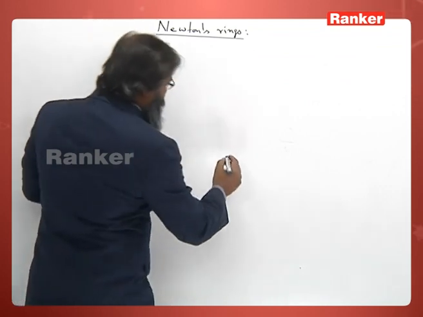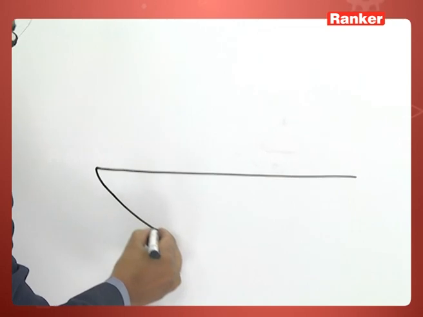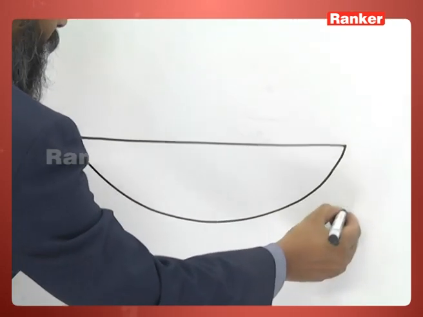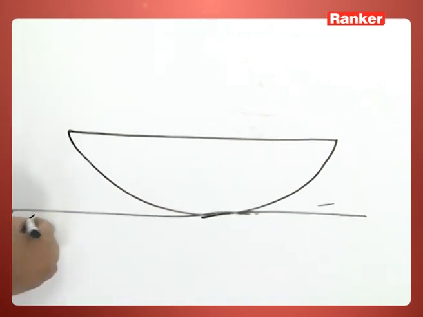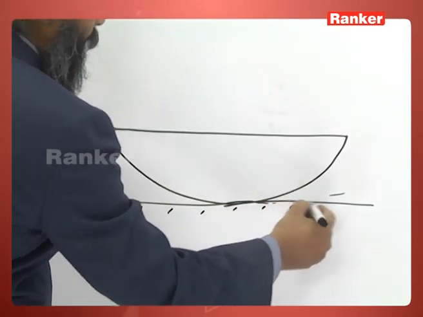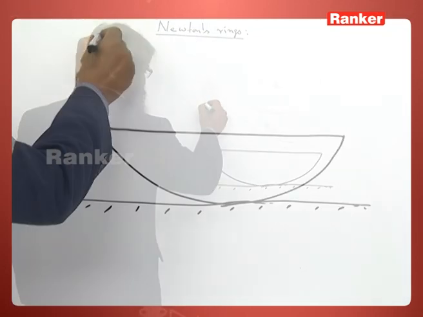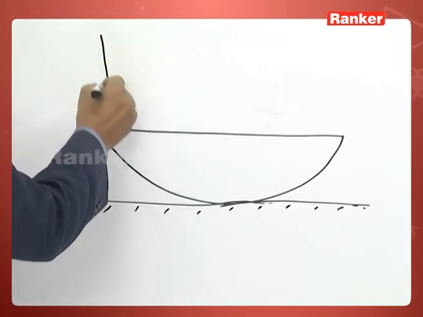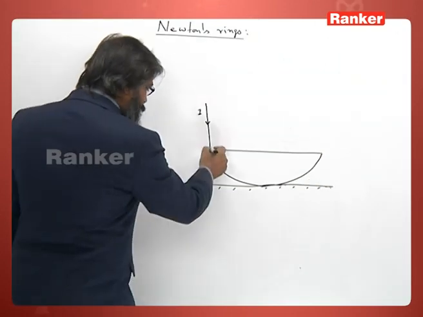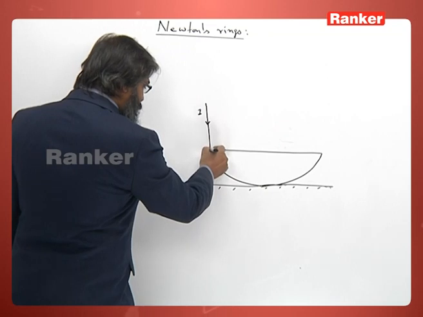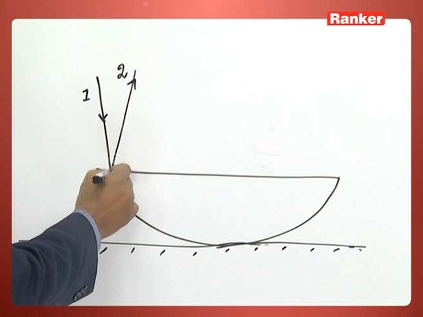Now what happens, this is a plano-convex lens and I have placed this on a plane mirror. So suppose a ray comes here, this is a ray near normal incidence, ray 1. This ray gets reflected, this ray will be called ray 2.